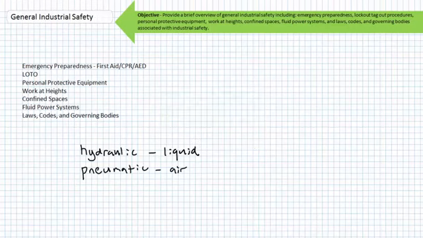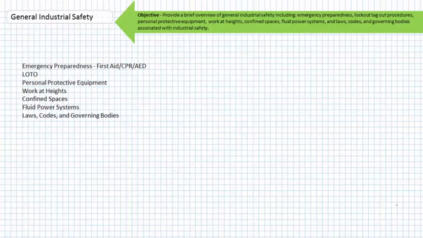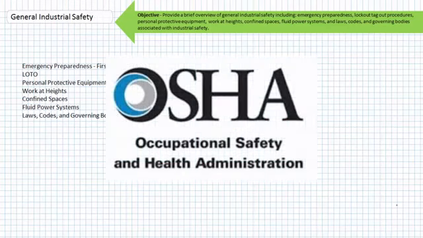Before we wrap up this lecture, let's discuss some of the governing bodies and the laws and codes associated with general industrial safety. Some of these are governmental organizations, so anticipate a lot of acronyms. First and foremost, the U.S. Occupational Safety and Health Administration, otherwise known as OSHA, was created to assure safe and healthful working conditions by setting and enforcing safety standards and providing training, outreach, education, and assistance.